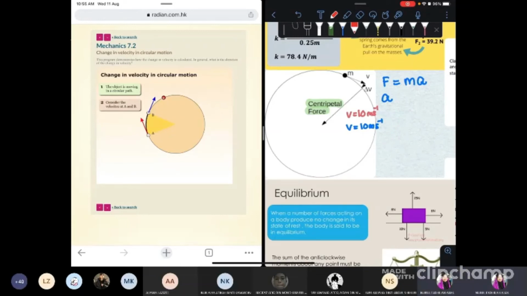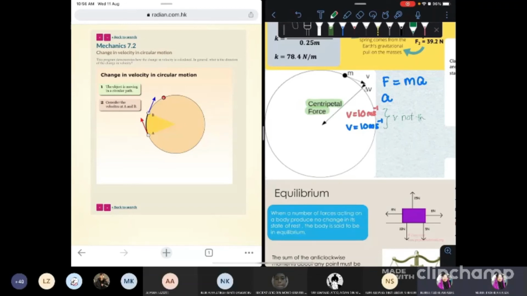No, they are not. The red one is pointing to the west. The blue one is pointing towards northeast, kan? Yang A, northwest. Betul? So the velocity is actually not the same.